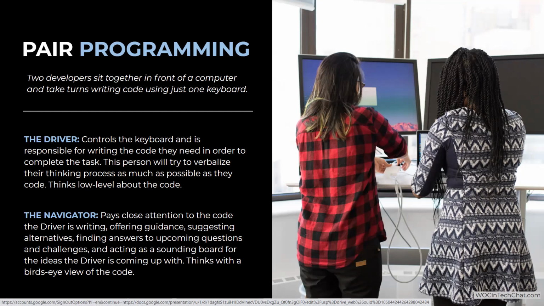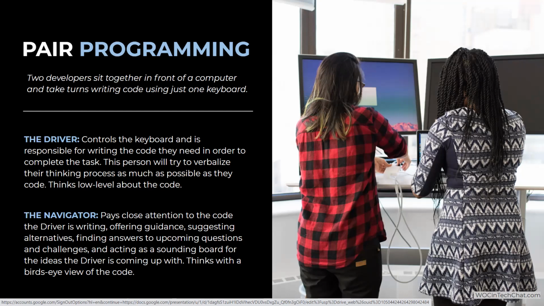It's this idea of using two brains as one to collaborate and write the code, as opposed to doing it by yourself, with just one person in front of the computer.